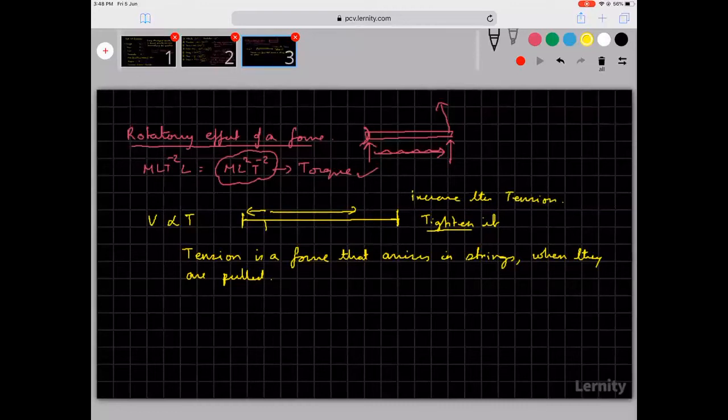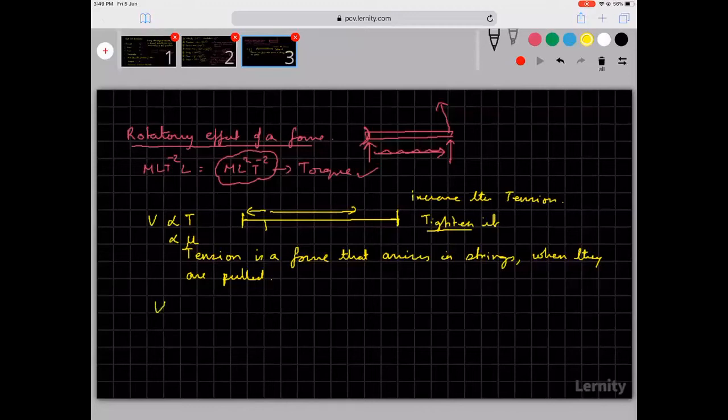Fundamentally we have seen that any quantity which is a force will have the same dimension. So now I have seen that velocity depends upon tension and velocity depends upon mass per unit length, which I have written as mu. I want to know what the combination is. Is it T into mu, is it T by mu, what is the formula?